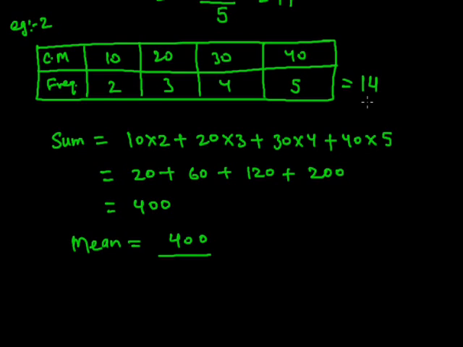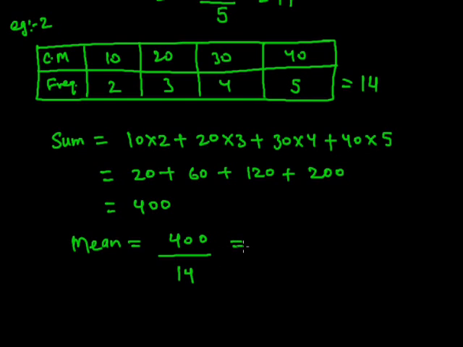So this will be our number of observations. By taking the sum of frequency, we get the number of observations, because 10 is appearing 2 times, so there are 2 observations, 20 is appearing 3 times, plus 3 observations, 30 is appearing 4 times, plus 4 observations, 40 is appearing 5 times, plus 5 observations. So the sum will be 14. So mean is sum of observations divided by number of observations.